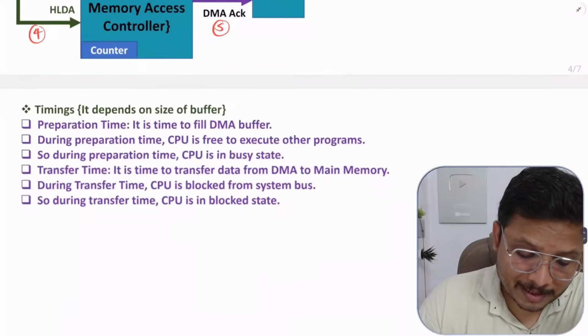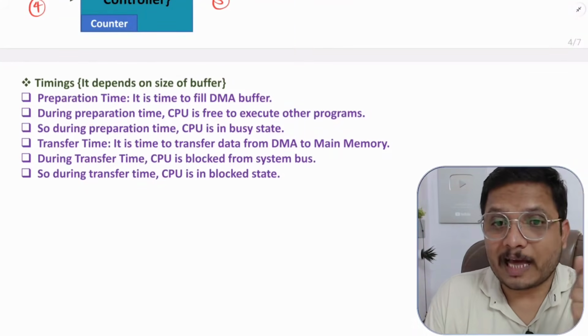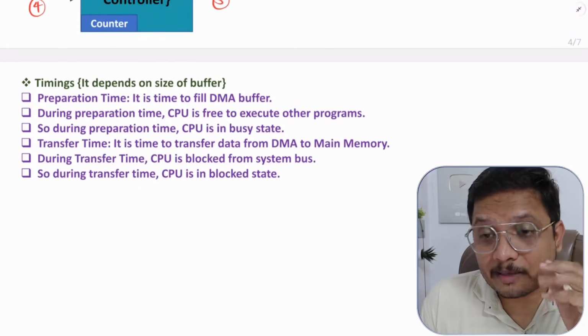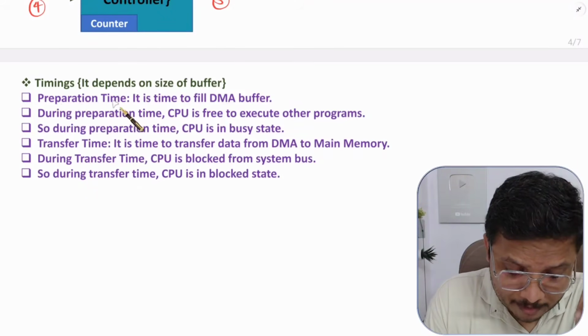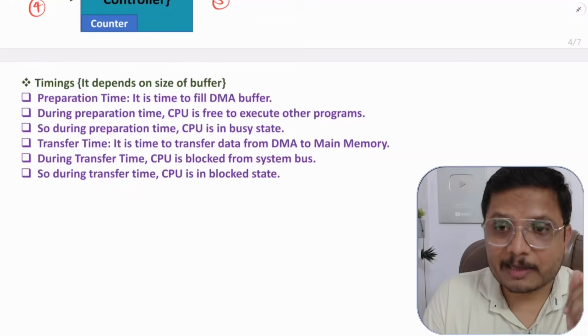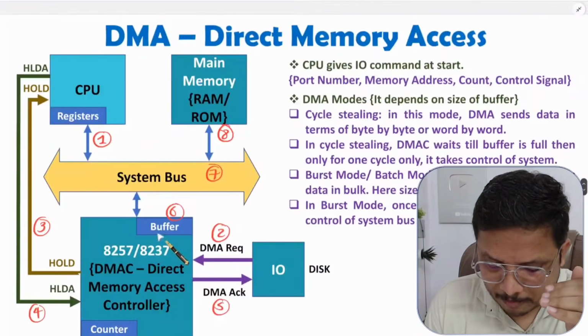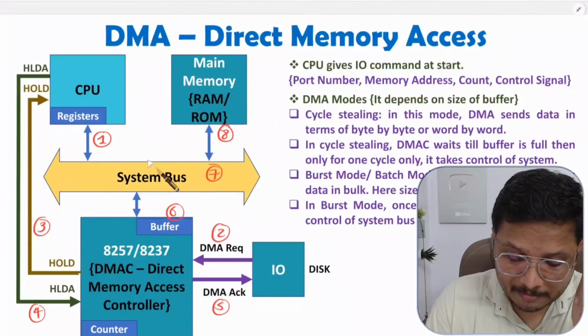Now there are a few essential things that I would like to explain to you, like timings. Timings also explain how exactly things are happening in terms of data transfer. You see, there is preparation time and second is transfer time. Let me explain that by analogy first. Preparation time means what? Here we are transferring data from disk to main memory.